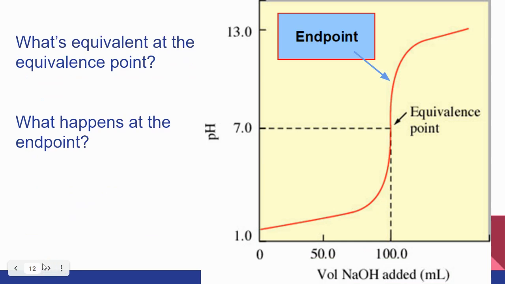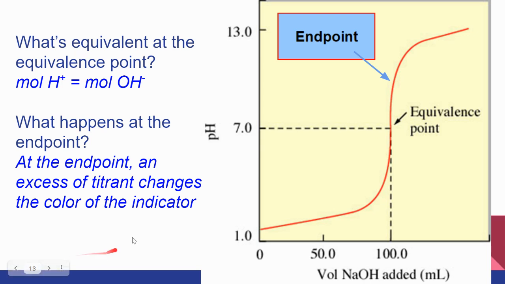We've got two important points to look at here. First, we have our equivalence point, and that's where the moles of hydrogen ions equal the moles of hydroxide ions. We're doing an acid-base titration here. Notice that this titration has a pH of 7 at the equivalence point, but that is not true for every acid-base titration. And then our endpoint is here.